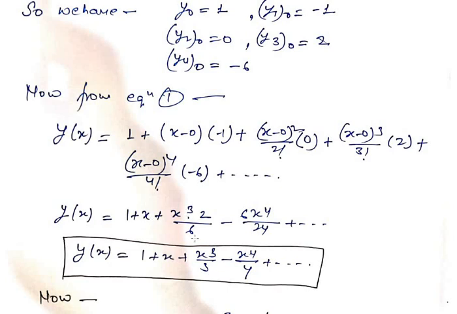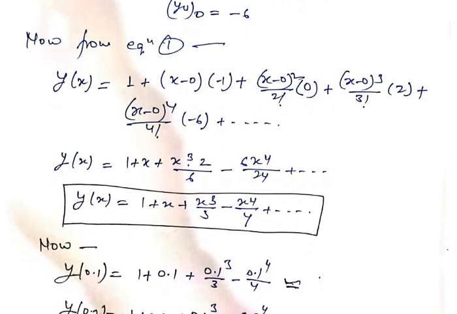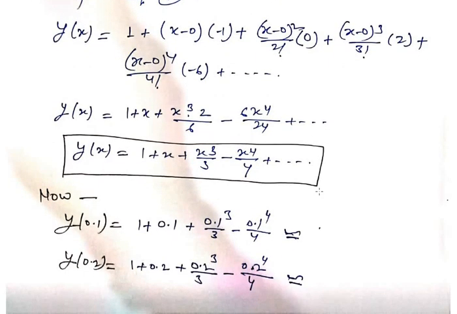So we get a general solution y of x is equals to 1 plus x cube into 2 by 6 minus 6x to the power 4 upon 24, and after simplifying we get y of x is equals to 1 plus x cube by 3 minus x to the power 4 upon 4.